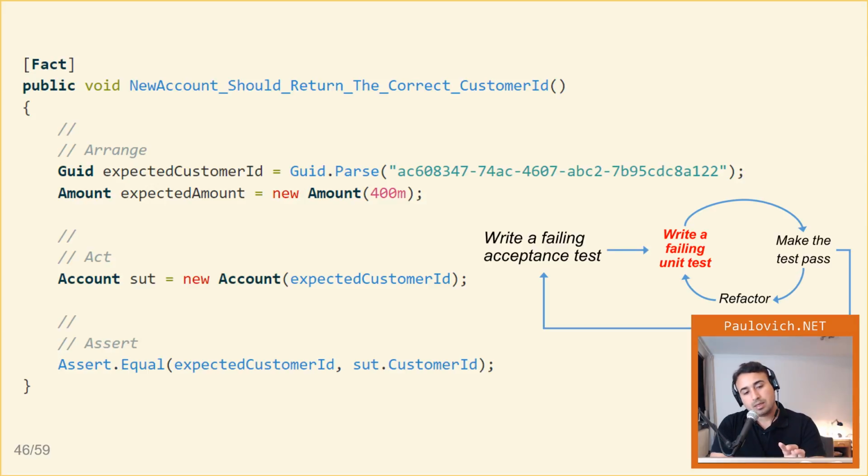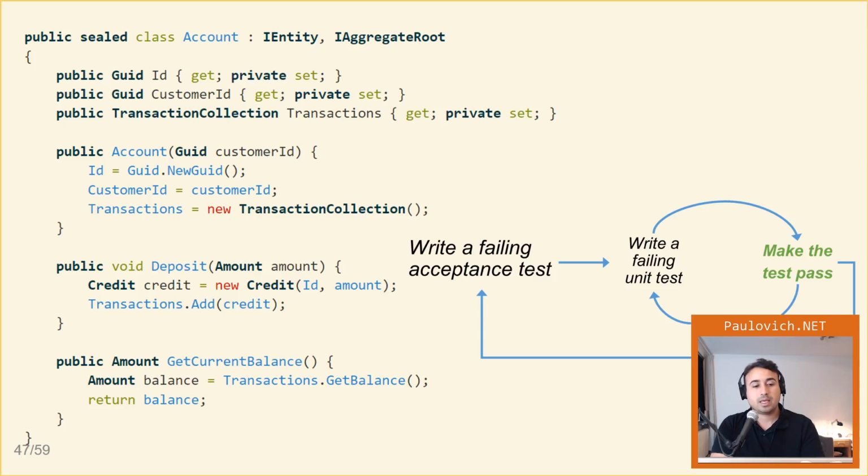So we write this test, it will fail because we are not setting this field in the constructor previously, but then we add the customer ID to the constructor, and we set the customer ID from the constructor argument.